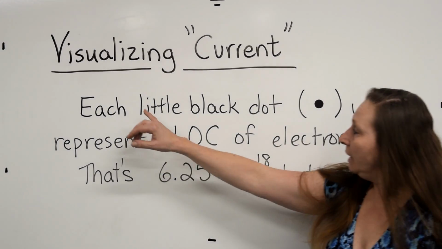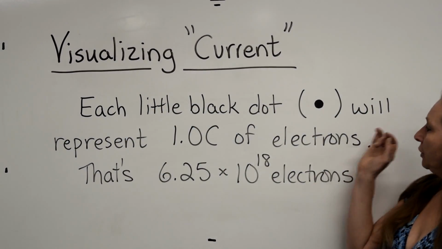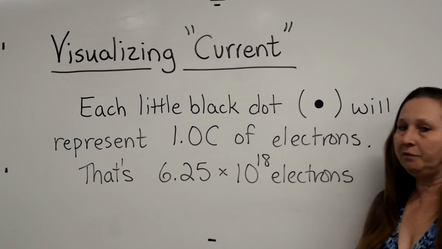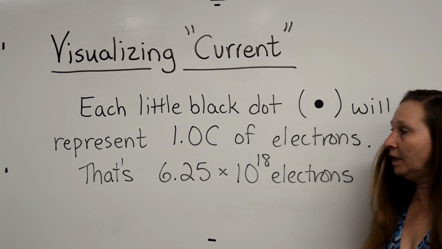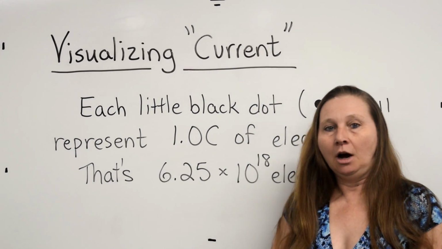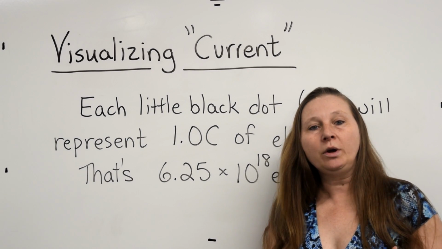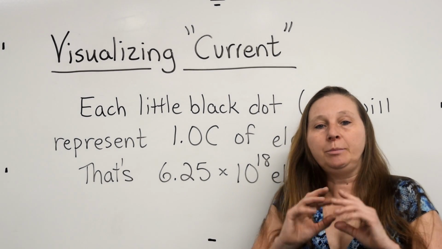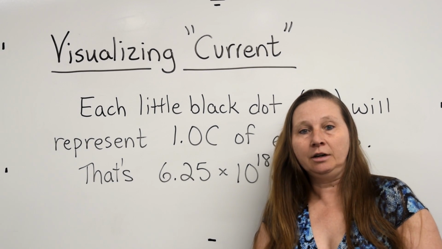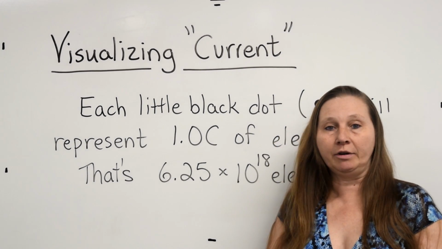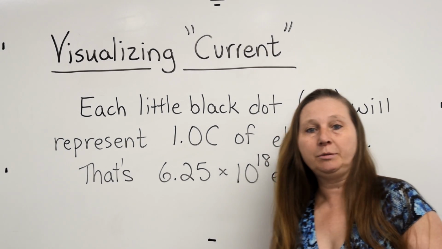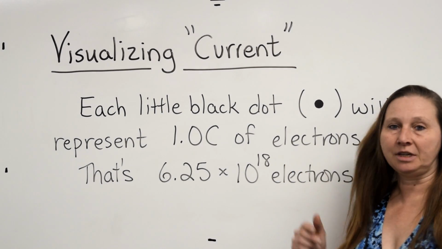Each little black dot is going to represent 1 coulomb of electrons, that's 6.25 times 10 to the 18th electrons. And since you now can have a picture in your mind of the charge flowing through the wires, it's going to be a lot easier for you to understand the difference between current and voltage, and some of the other words that we're going to be defining and using in this topic.